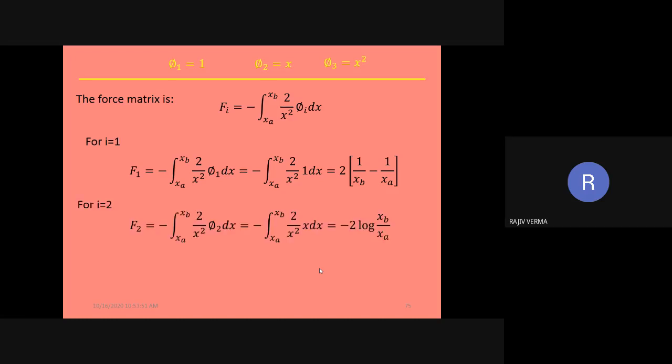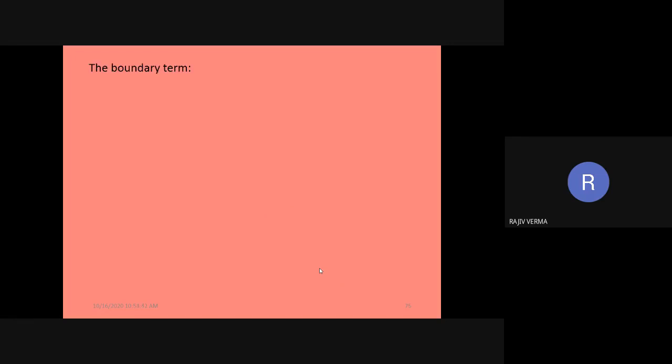For I to be 2, we have this expression, and for I to be 3, we have this expression on display. Now the second part of the force matrix is given by this expression.